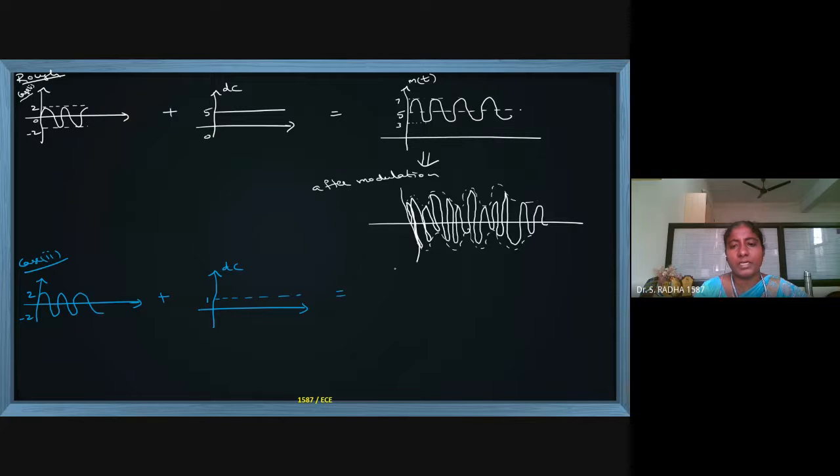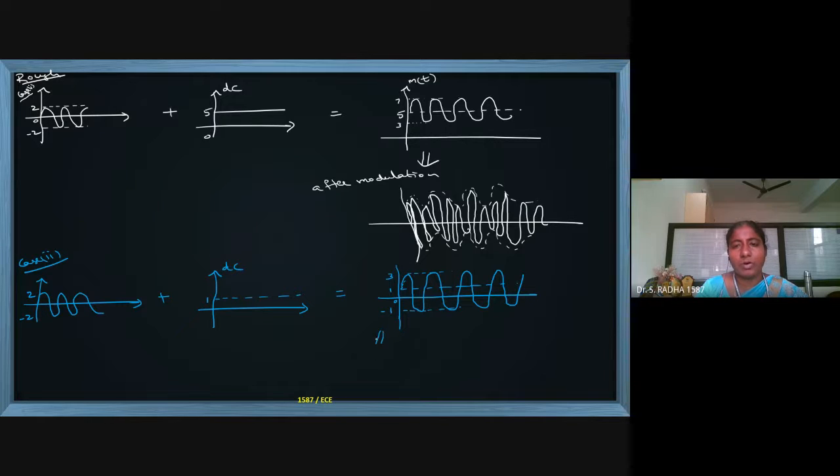The resultant in this case will be the sine wave present with respect to 1. Above the dotted line, 2 units means it is 3. Below the dotted line, 2 units means it will come to -1. Okay, this is the resultant waveform.